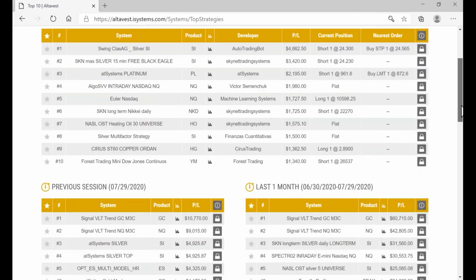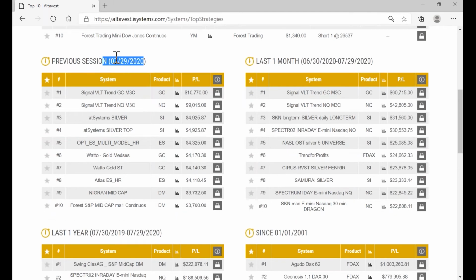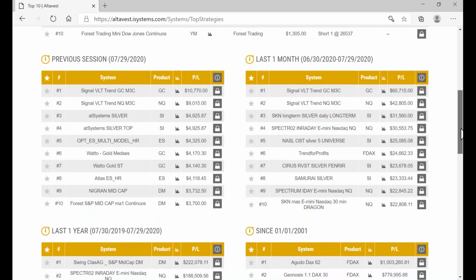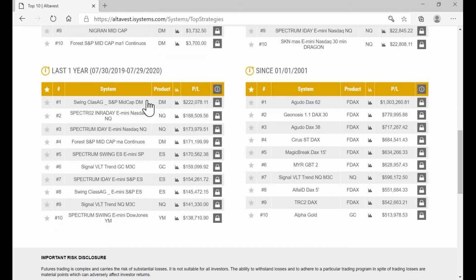Now, if you want to see what happened yesterday, here's the previous session right here. Another silver system did really well yesterday, a couple of them. And last month, your top trading systems here, you can see anywhere from 60,000 to 22,000 last month, last year, and then since 2001.